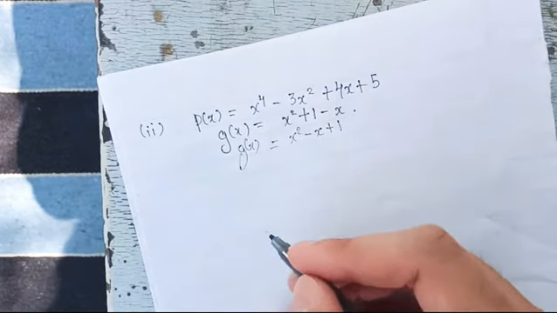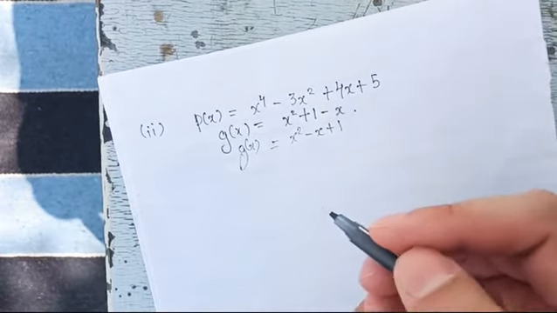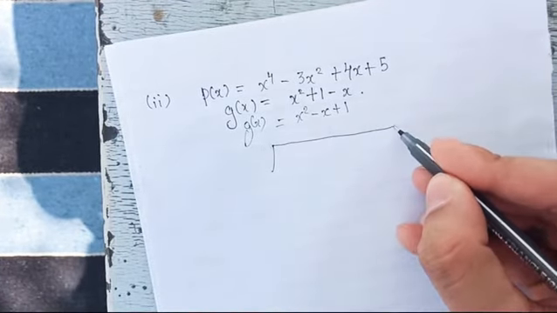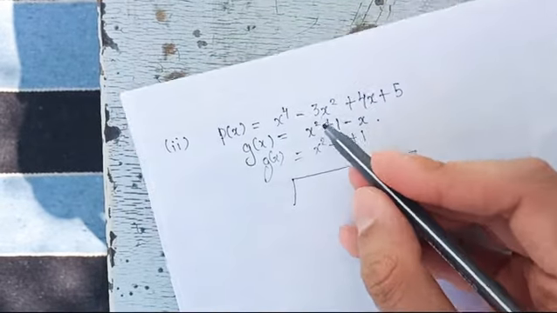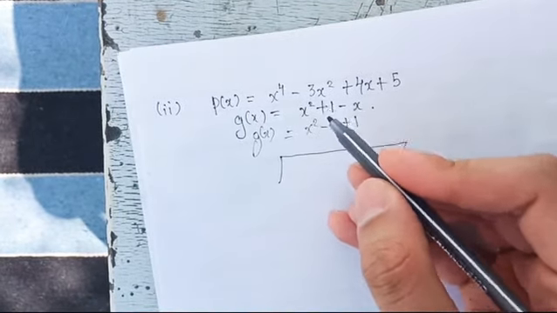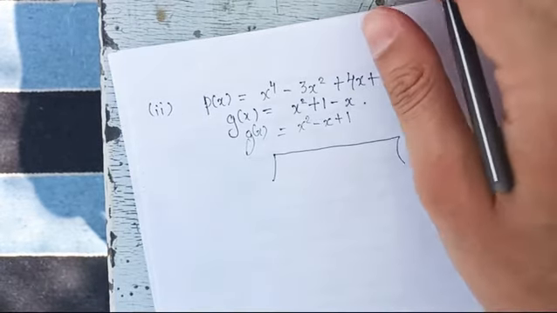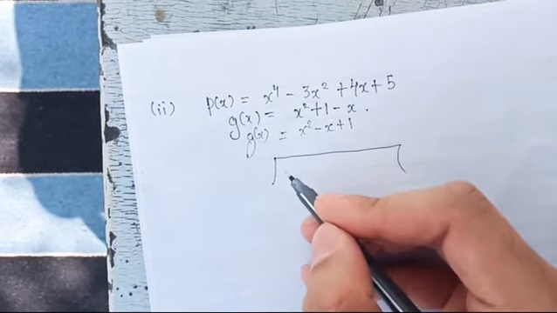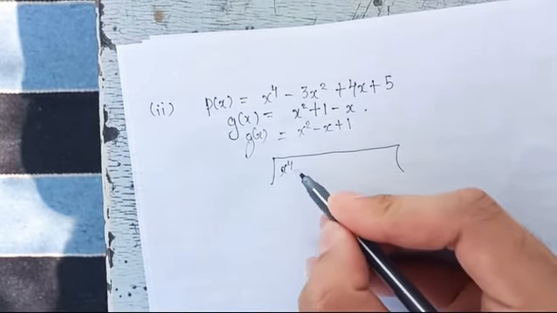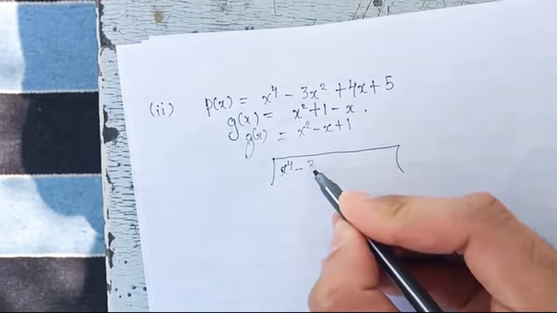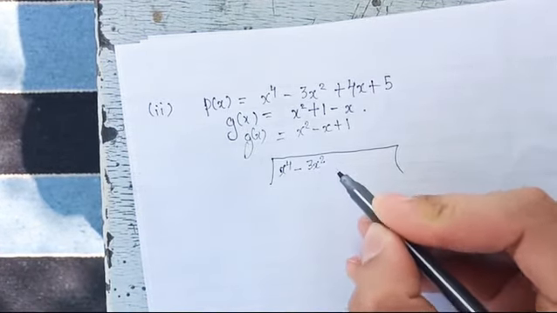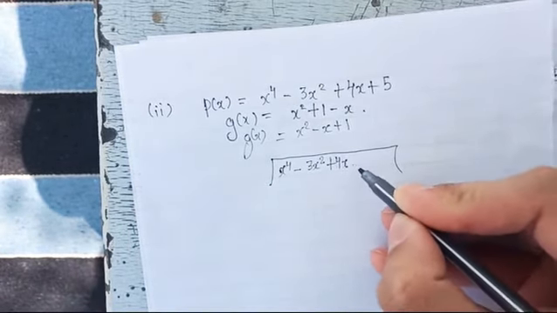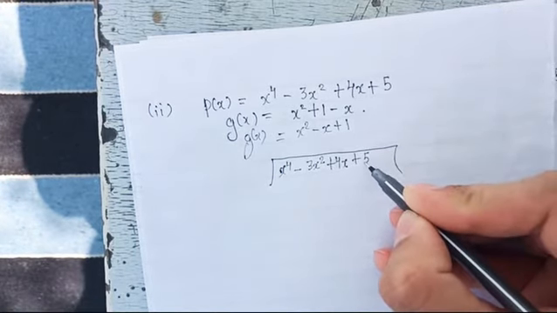Now we will divide this polynomial. How we will divide? Same method that we have done in the previous question. Here I will write the dividend, x to the power 4 minus 3x square plus 4x plus 5.